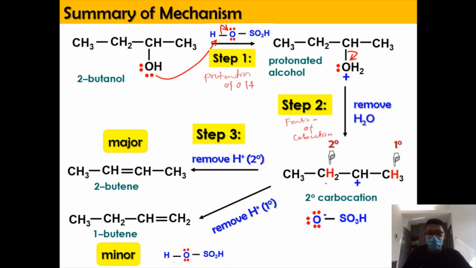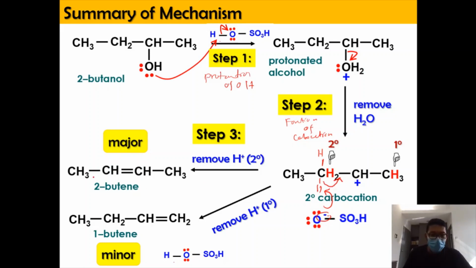So we're going to produce a secondary carbocation, and then O minus here can take up the hydrogen from this side, and this will create a double bond.